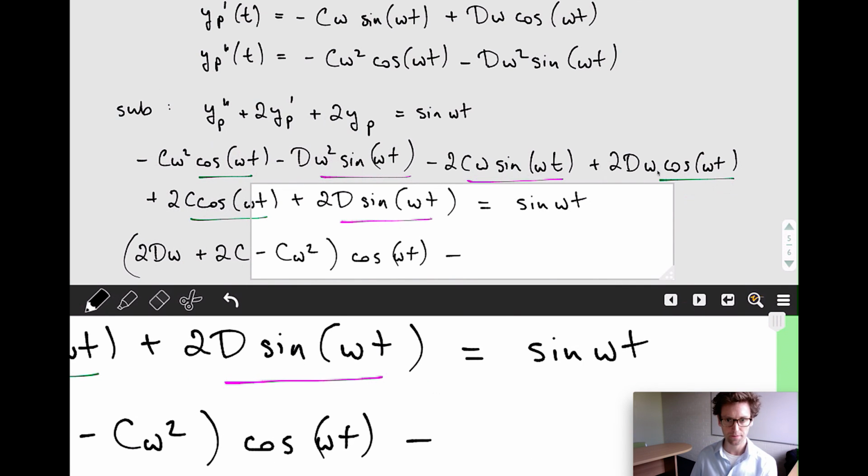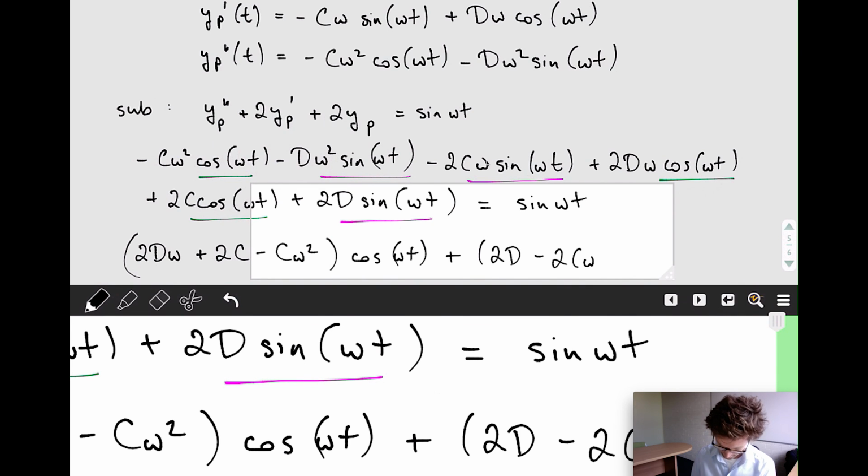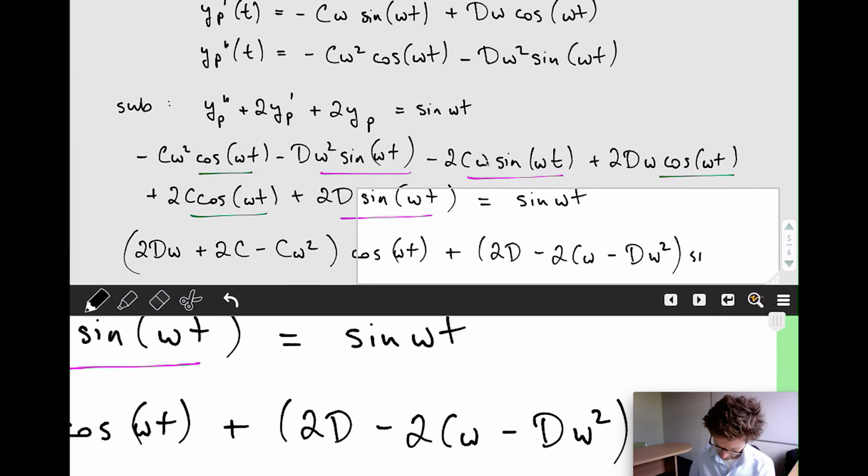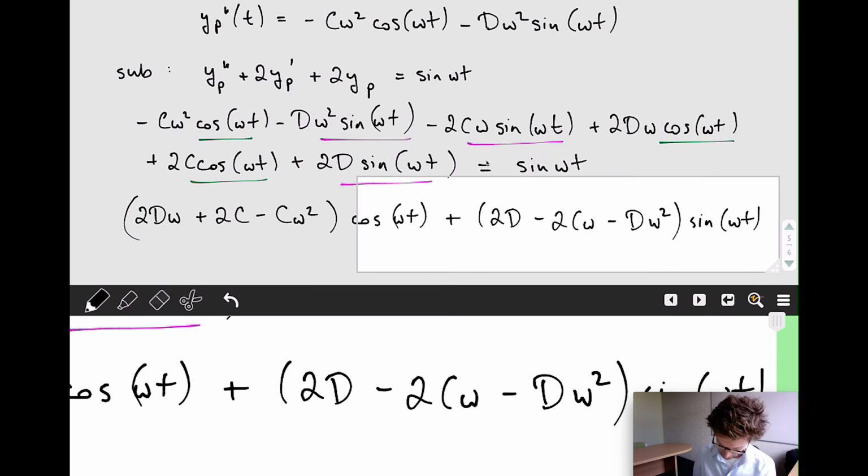And I've got a 2d, I've got a minus d omega squared, and I've got a minus 2c omega, so that's going to be plus 2d minus 2c omega minus d omega squared, times sine omega t. And that's all equal to sine omega t.